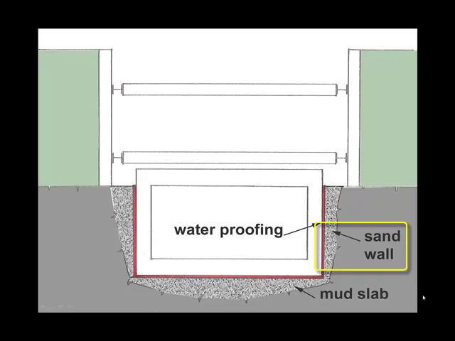You have to put up a single face form and you fill that space with concrete, and that's called a sand wall. Typically you apply the waterproofing over the mud slab and the sand wall, and then you're ready to construct the new structure.